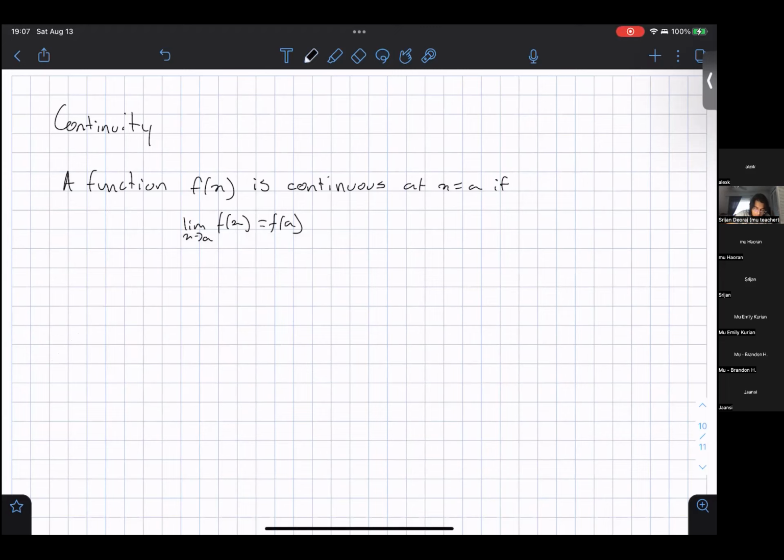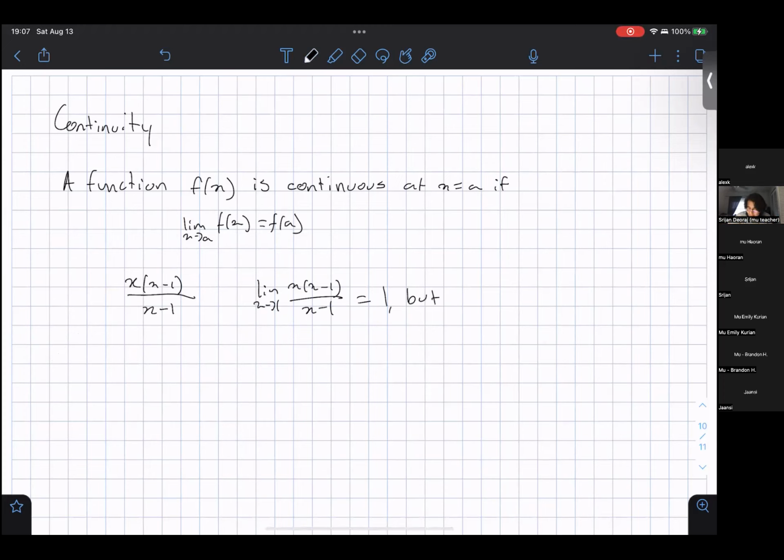Some non-examples would be x times x minus 1 over x minus 1, because even though the limit exists at x equals 1, the function does not. So the limit as x approaches 1 of x times x minus 1 over x minus 1 is 1.